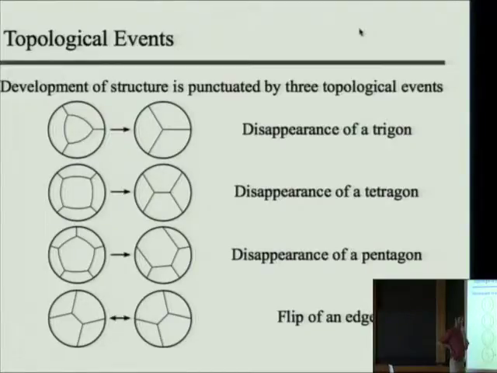Well, those are singular points, right? If you look at the graph of our structure, it's trivalent. So if 4 of these points come together, it's a singular configuration. In a physical system, that would happen only for an instant, and it would immediately separate.